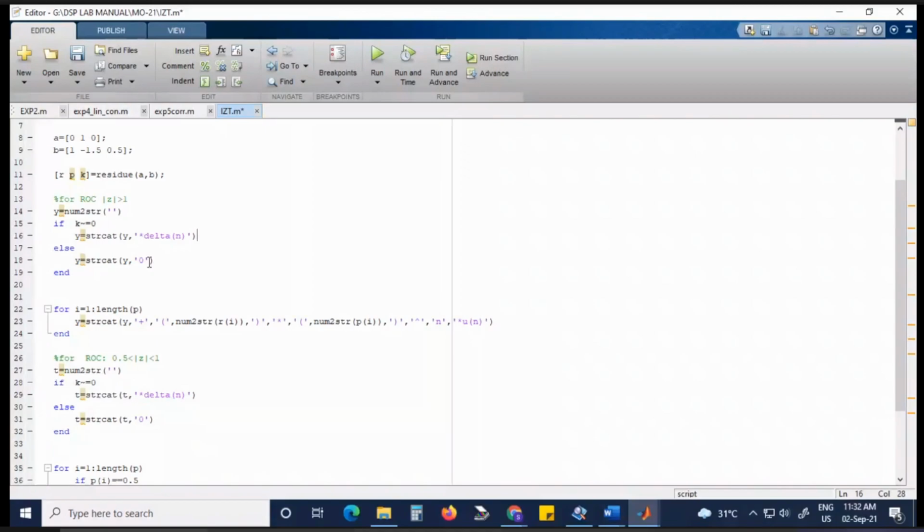Okay, and it is else, that's why else is there, so we consider this thing 0.